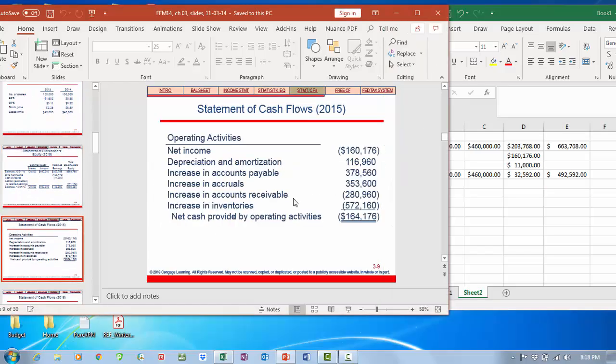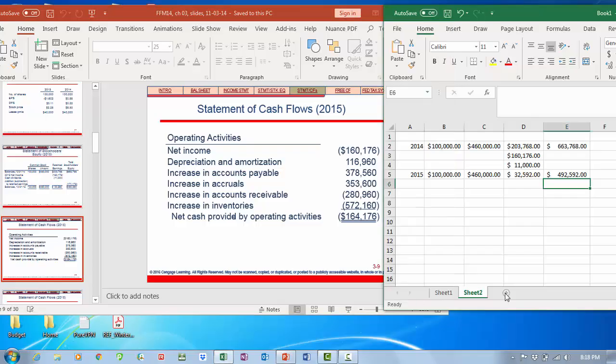So now we look at the statement of cash flow, and this is pretty much how we had discussed. This starts with net income. We're talking about 2015, so you start with a negative net income of 160,176. So this is going to be in 3 parts.